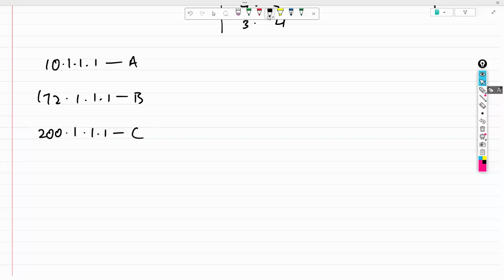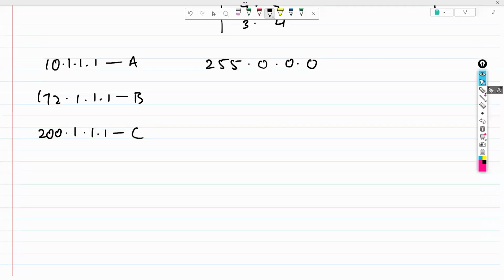Now, as I said, in class A, the first octet is the network octet. So what we designed is an address mask where the first octet is written in this form, 255.0.0.0. Always, an IP address is followed by an address mask.